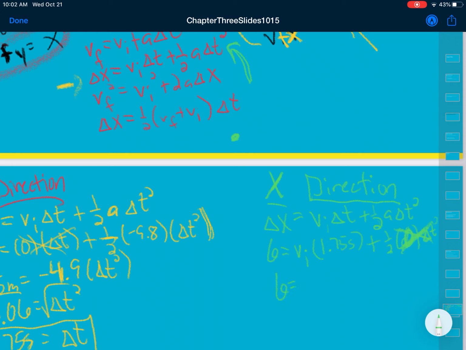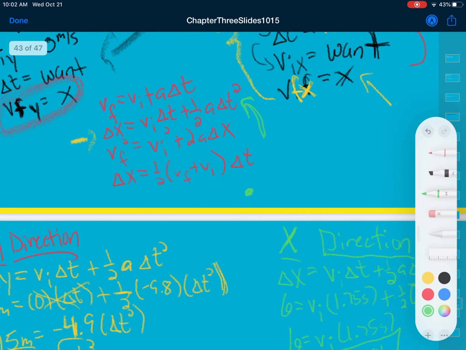Now I have 6 equals VI times 1.75 seconds. I take 6 divided by 1.75, and I will get 3.43 meters per second.